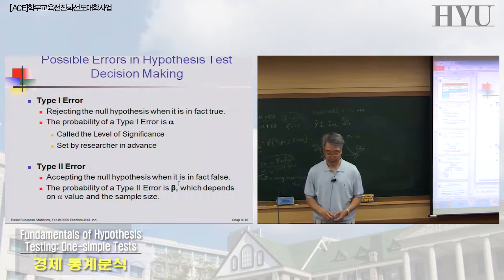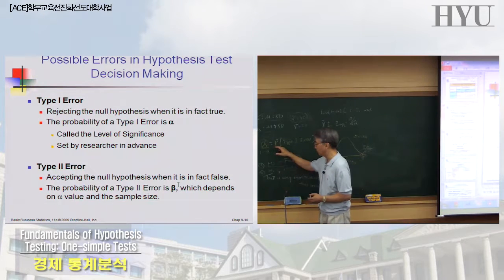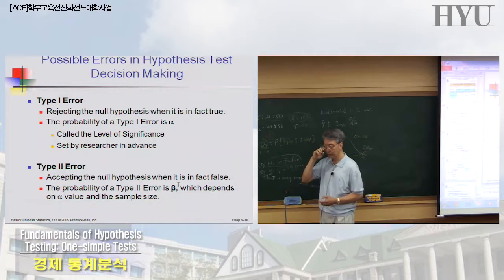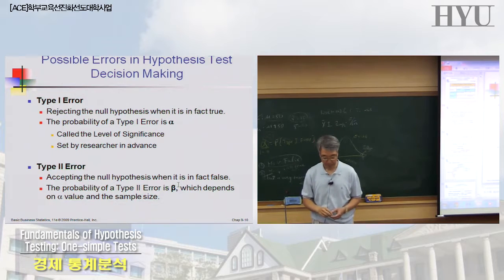The probability of type 2 error is called beta. But beta depends on the alpha value and the sample size. There is a trade-off between alpha and beta. If you try to minimize alpha, the probability of type 1 error, then you end up allowing more probability for type 2 error. And it also depends on sample size.